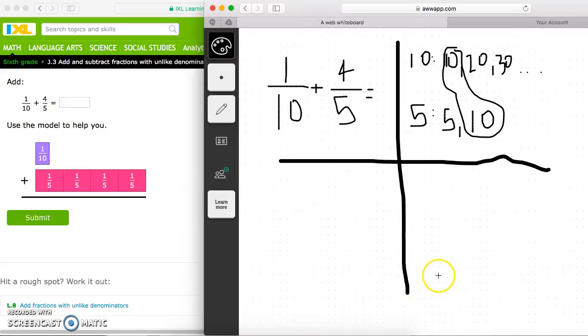Okay. Now that I have the LCM, I need to convert both of my fractions so that they are out of 10. I don't have to do anything to 1/10. It is already out of 10. So I need to use a giant 1 to create a fraction out of 10 here.